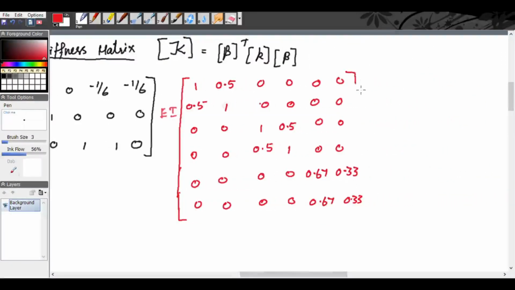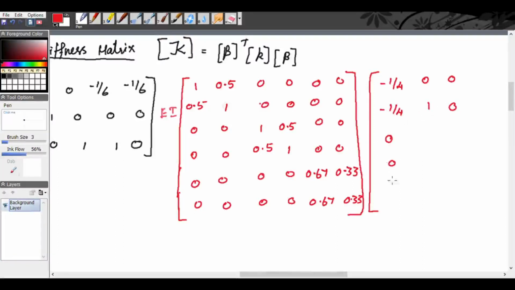into the beta matrix. Our beta matrix is minus 1 by 4, 0, 0, minus 1 by 4, 1, 0. Here it is 0, 0, 1, minus 1 by 6, minus 1 by 6.